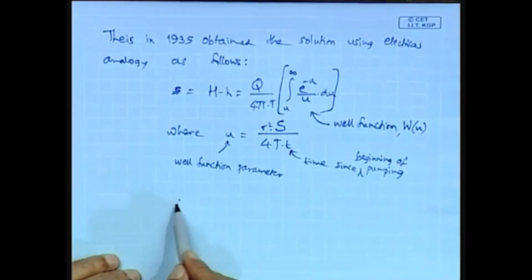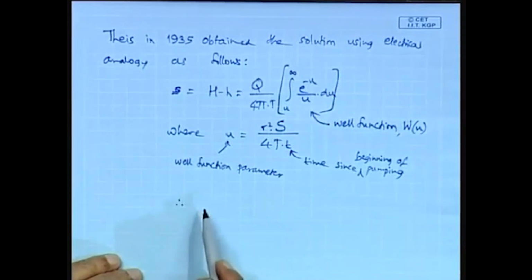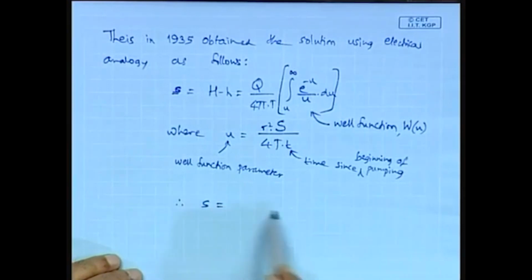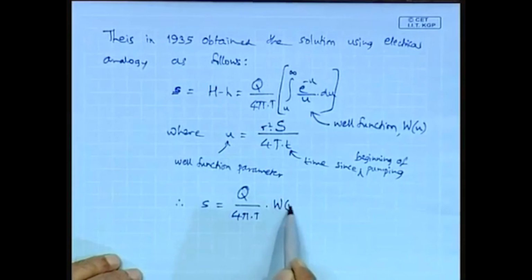So, therefore, the solution for the governing equation is that the variable drawdown s is simply given by Q divided by 4 pi into T into the well function W(u).